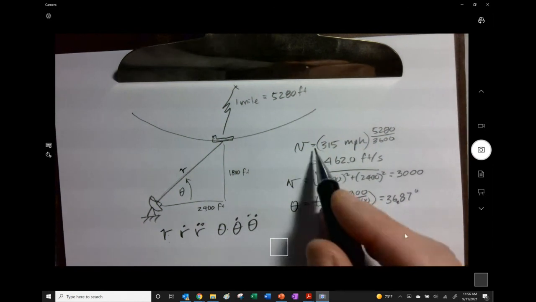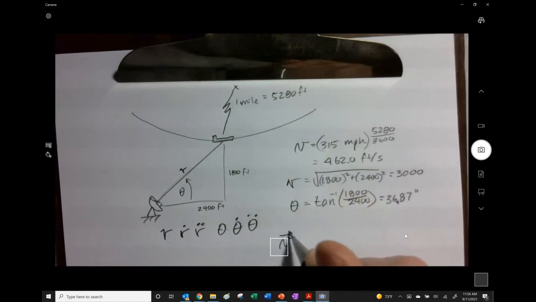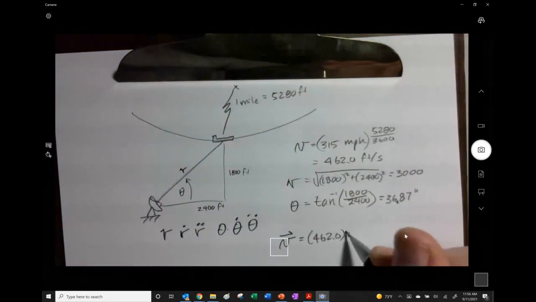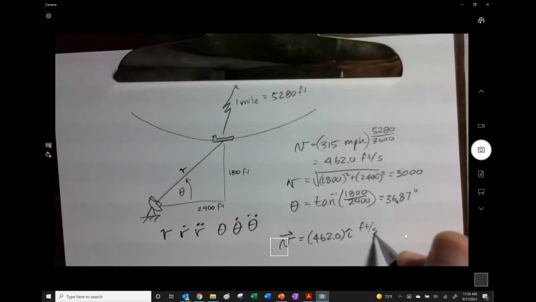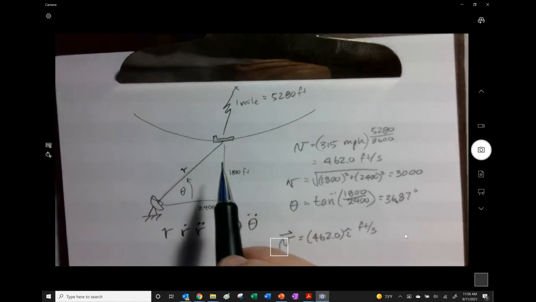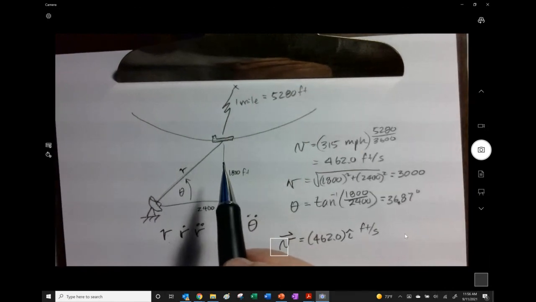And so we have the velocity is 462.0 i. The acceleration now, though, let's see. It's speeding up.